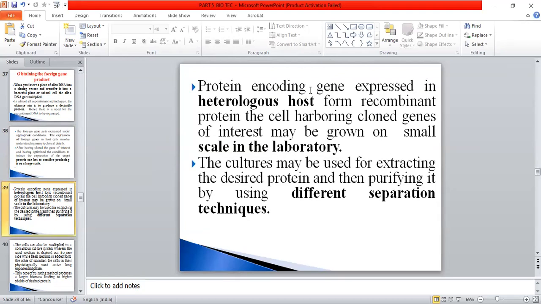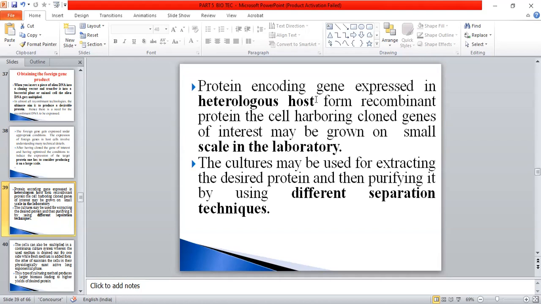Next, the protein-encoding gene is expressed in a heterologous host. For recombinant protein, the cells harboring the cloned genes of interest may be grown on a small scale in the laboratory. Small scale means the amount may be microgram, microliter, or milligram.